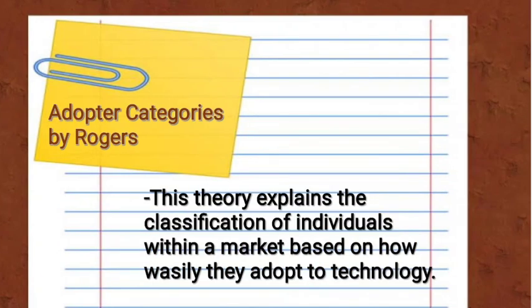So, to explain more, we have here the adopter categories by Rogers. So, we need to tackle some theories that we may anchor in this unit. Okay, so the adopter categories by Rogers. This theory explains the classification of individuals within a market based on how easily they adapt to technology.